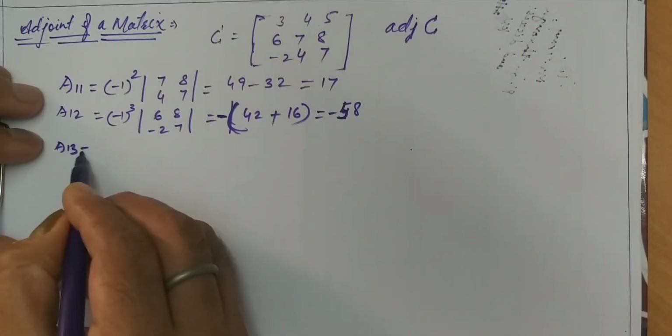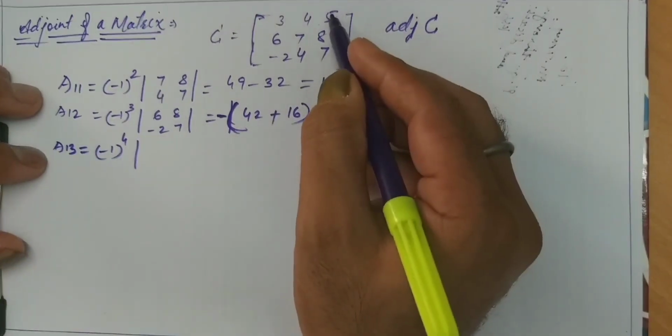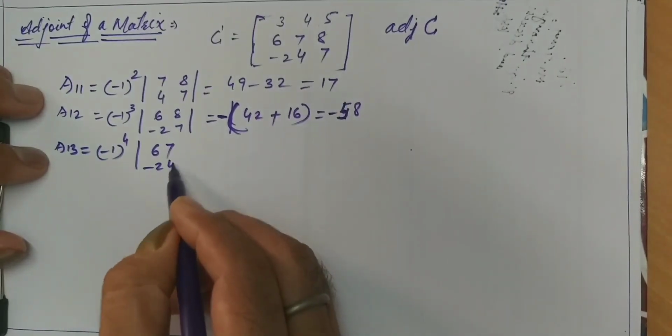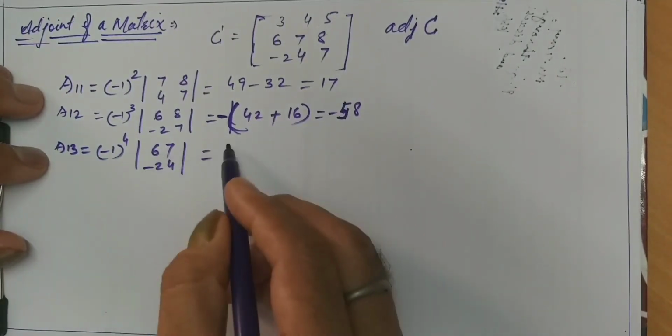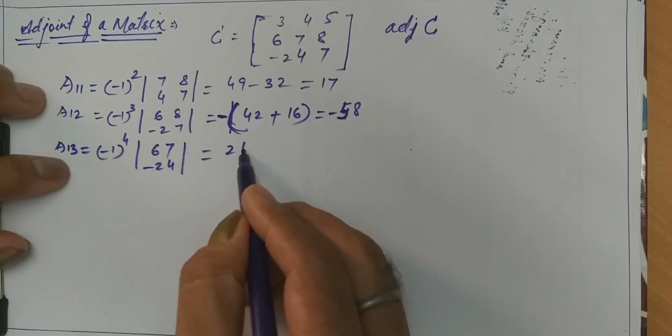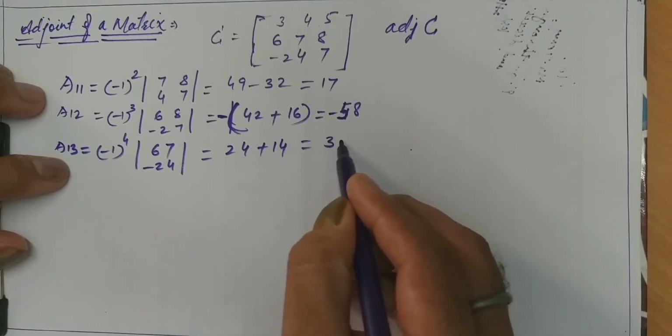A13 is equal to minus 1 to the power of 1 plus 3, that is 4. A13 means 5, and then leaving this way 6 7 minus 2 and 4, which is equal to minus 1 to the power 4 positive, so 6 fours are 24 plus 14, 38.